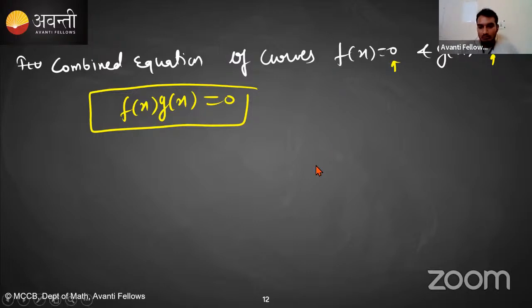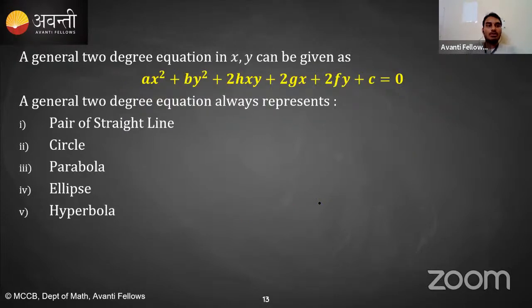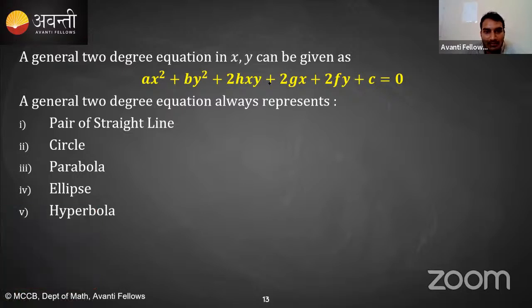So student, if it is clear, now let's build up on it. As you have seen, if the equation of lines is given, then in the combined equation you will get some x square term, some y square term, some term involving x into y, some term involving x, y and a constant, right? So in general, a degree 2 equation in x and y can be given as ax square plus by square plus 2hxy plus 2gx plus 2fy plus c equal to 0.